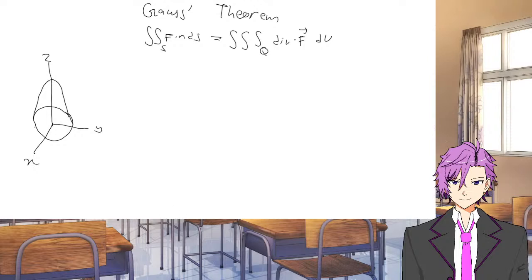Hopefully it doesn't give out any suggestive themes. z equals 4 minus x squared minus y squared. So this is 4, and the circle is at the xy plane, the part where z is equal to 0. That is the xy plane.